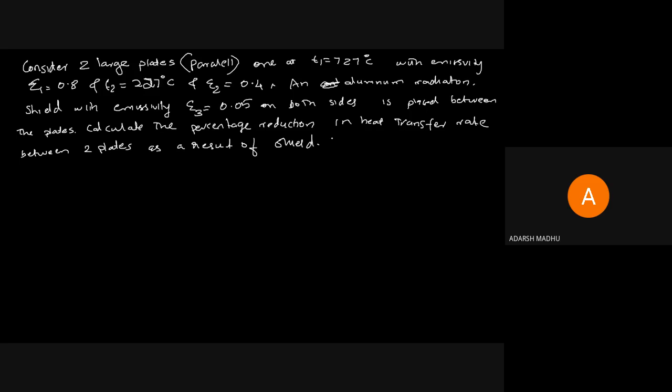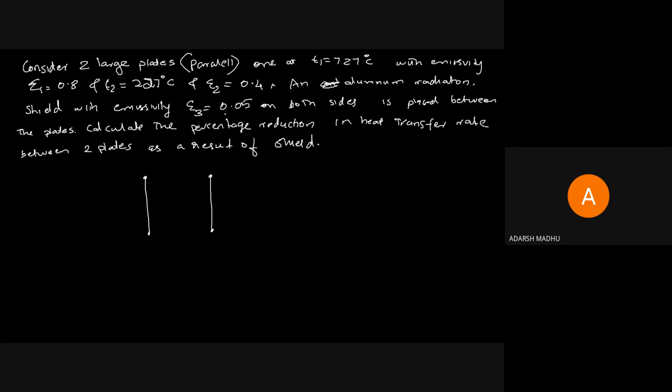So reduction in heat flow means percent reduction in heat flow if the radiant shield is introduced. Consider there are two large parallel plates. Figure it. There are two large parallel plates.